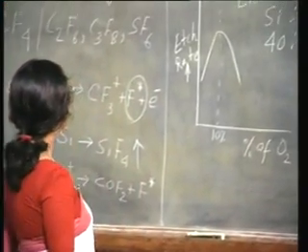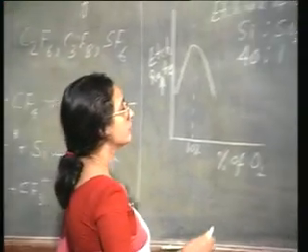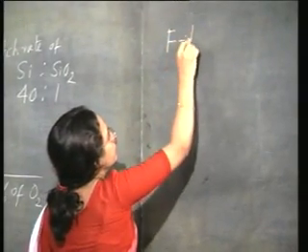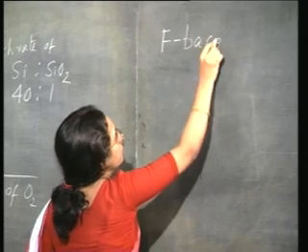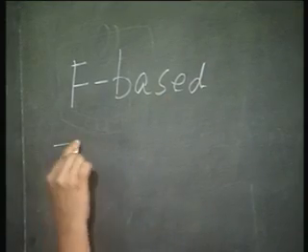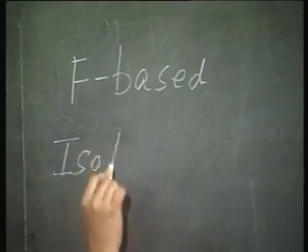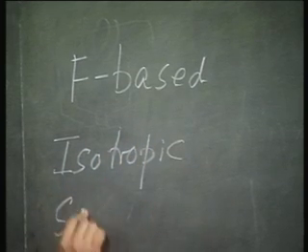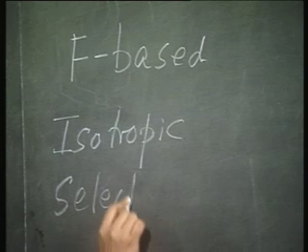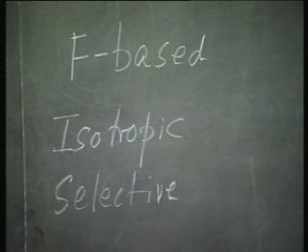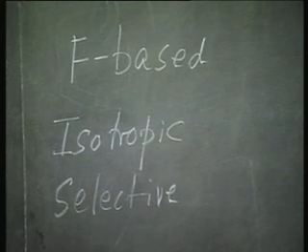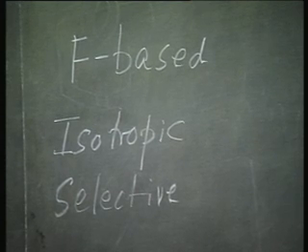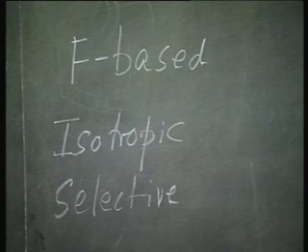So, by fluorine based etching you have isotropic etching, but it is selective. You have good selectivity, but you have poor anisotropy.